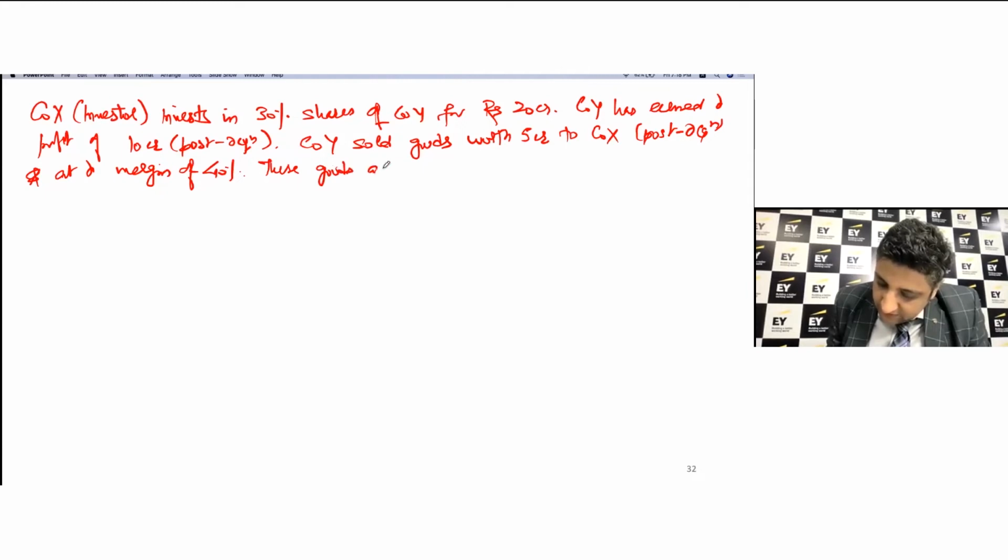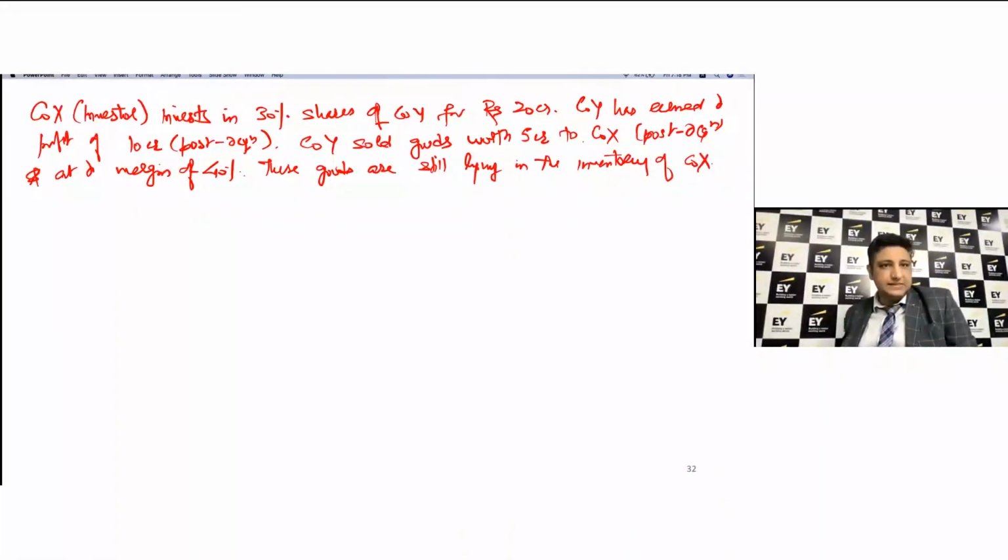And let's say that these goods are still lying in the inventory of company X. This is a very specific, very clear, simple example of an upstream transaction. The investor, which is company X, has taken company Y. Y has earned a profit, but Y also sold goods to the investor.